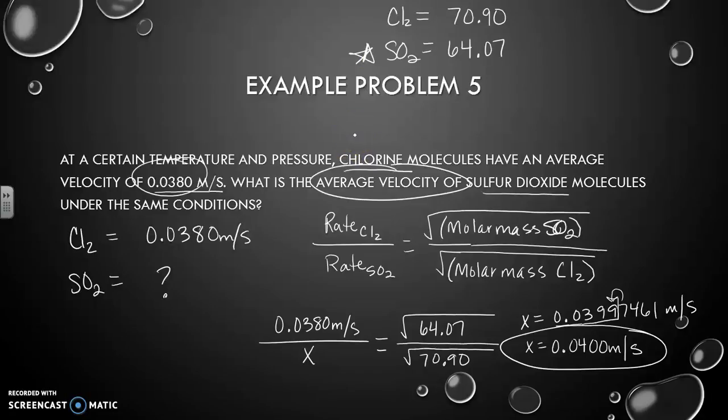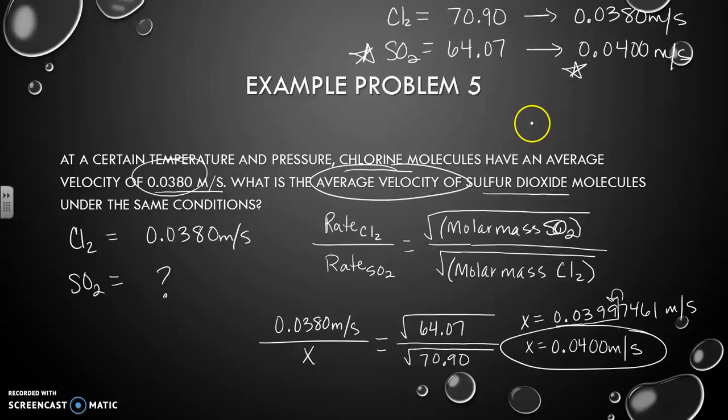Now let's look at their rates. The rate of effusion for chlorine is 0.0380 meters per second. The rate of effusion for sulfur dioxide is 0.0400 meters per second. Which one's going faster? Sulfur dioxide. Does it make sense? Yes, because it's smaller.